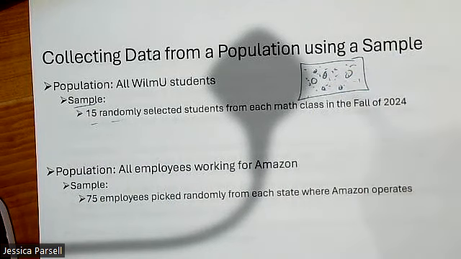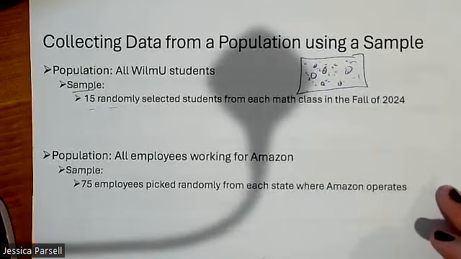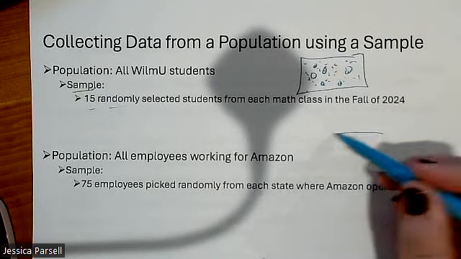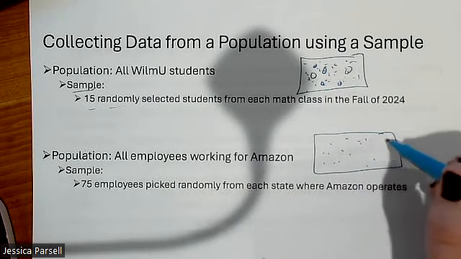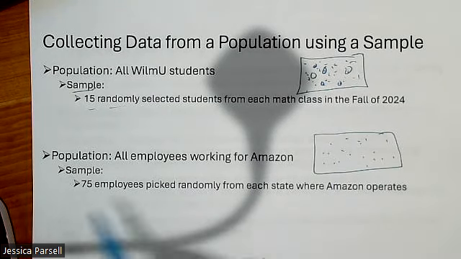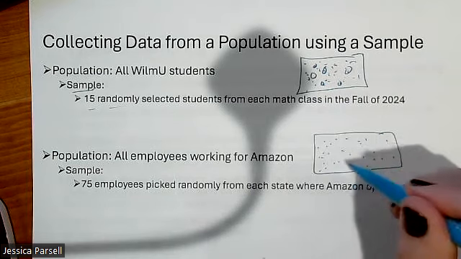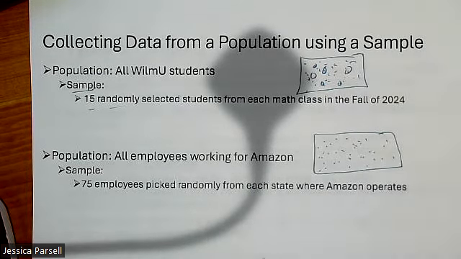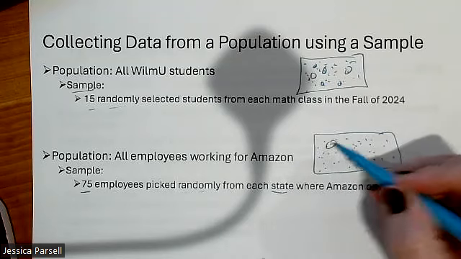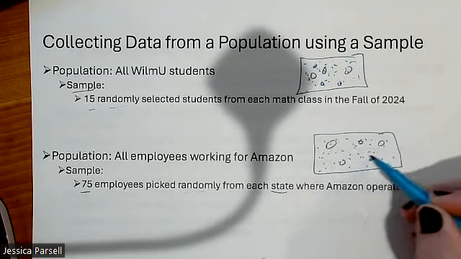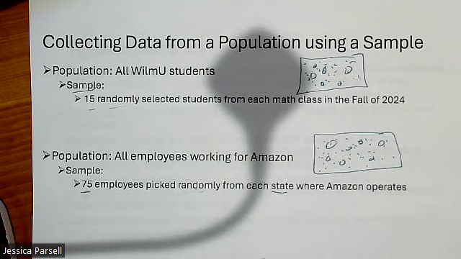And that's how they grab their little random sample. Or a population could be all employees working for Amazon, right? So you got all the people out there working for Amazon. And maybe it's too expensive and time consuming to talk to everybody working at Amazon. So maybe they grab 75 people, picked randomly, maybe from each state where maybe Amazon is operating. So you might see them grab a little sample from there.